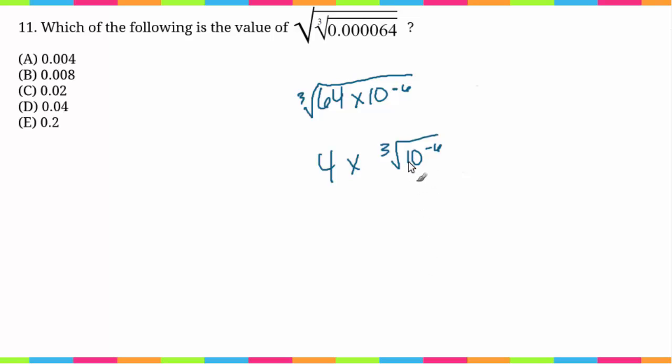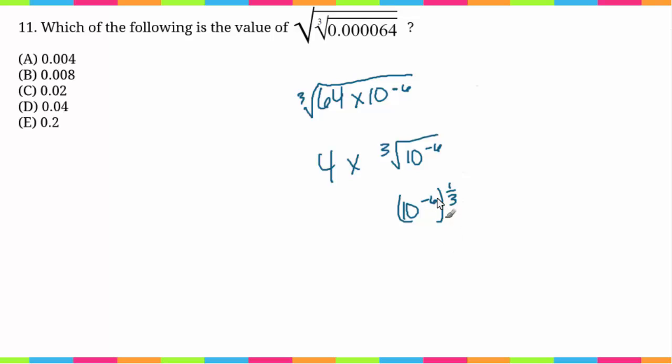Whenever I have a number with an exponent on the inside of a radical, what I like to do is write 10 to the negative 6, and then instead of writing this as a cube root, I write it as an exponent with a fraction, because the cube root is the same as to the 1/3 power.